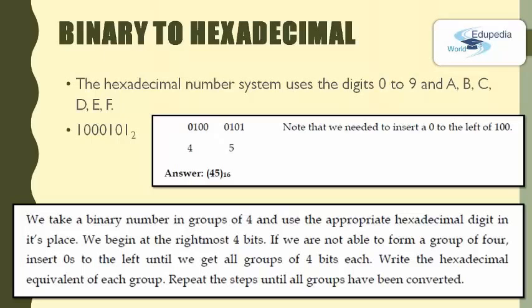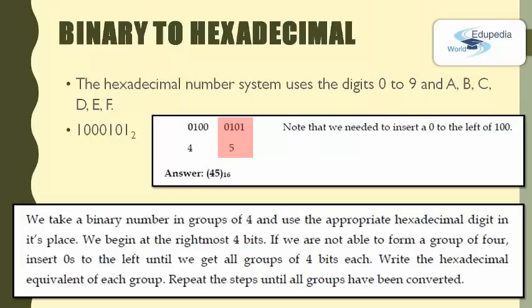Now the next step is converting each of these groups into its equivalent hexadecimal value. For example, the first group 0101 is equal to 5, because in the rightmost first position it represents 2 to the power of 0, in the second position 2 to the power of 1, in the third position 2 to the power of 2, and the fourth position 2 to the power of 3.